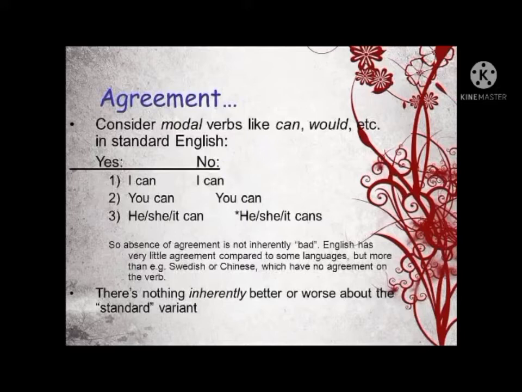As you can see, agreement in grammar is the correspondence of a verb with its subject in person and number, and of a pronoun with its antecedent in person, number, and gender. Meaning to say, subjects must agree with verbs, and pronouns must agree with antecedents. Let us all remember that it is the absence of agreement that somehow makes the sentence bad or illogical.